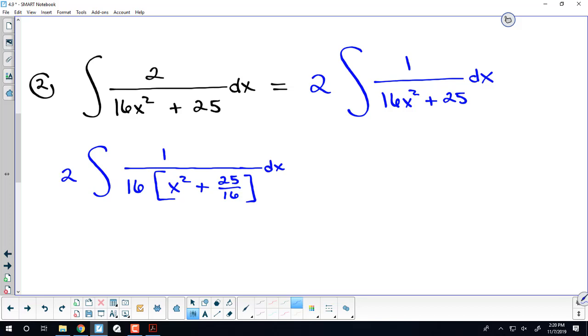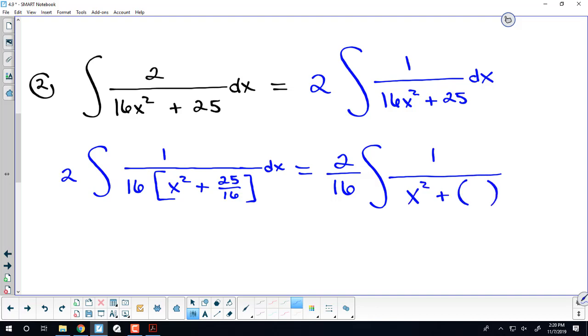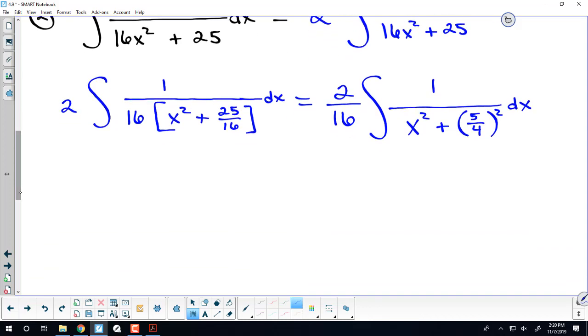And then we can view that, again, this is 1/16 times this function. The 1/16 is just a constant, so we can take that out and deal with it later. 25 over 16 is 5 over 4 squared. And then we can look at this from the table with a being 5/4.